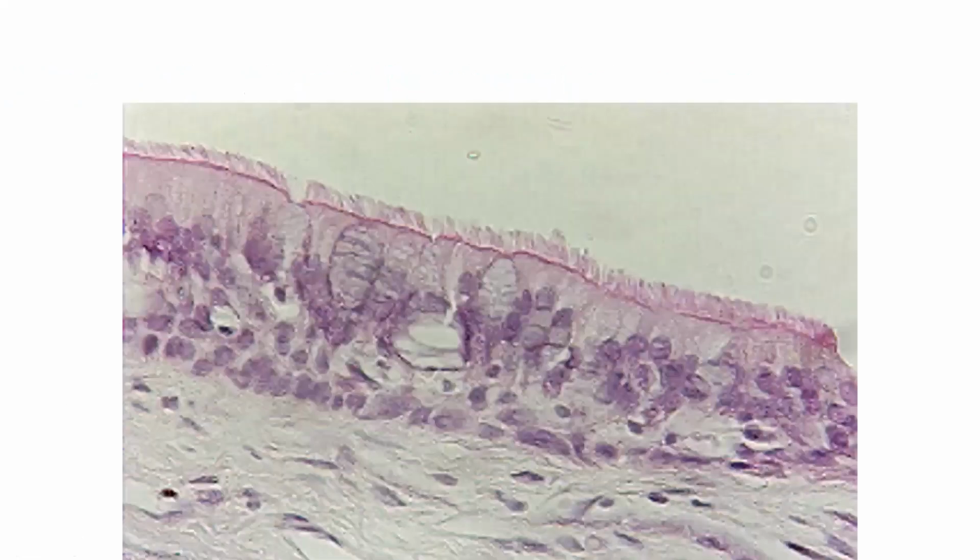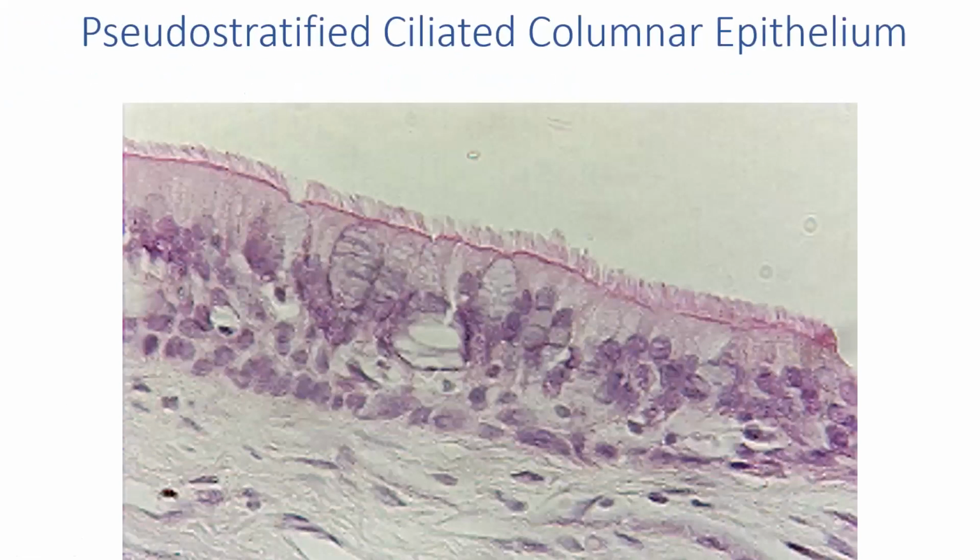Goblet cell. Now this is the pseudostratified ciliated columnar epithelial cells. They're columnar cells, but the way they stack on top of each other, they look like they're stratified, but they're not. They're simple, one layer thick, but they have cilia on top.